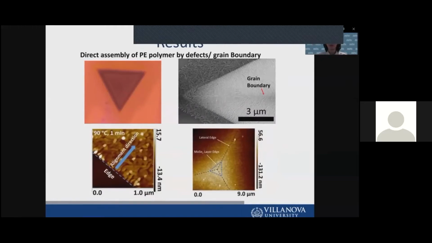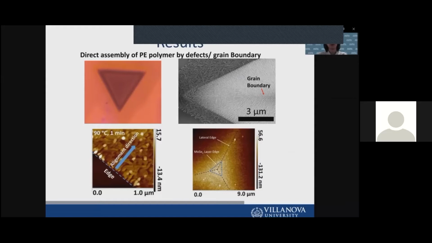What a grain boundary is, is that in a crystalline structure, you won't get all perfect crystal. You'll have grains of crystal that will grow against each other and form these grain boundaries, as it's all not one perfect structure. There's also different defects that we found controlled the growth of the polymer structure.